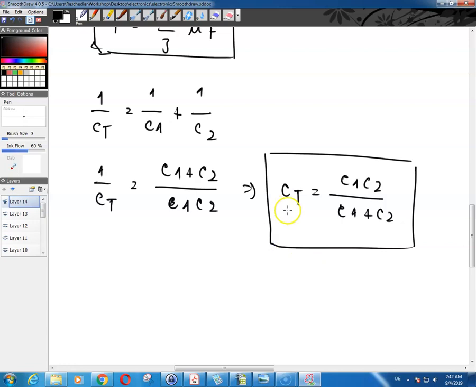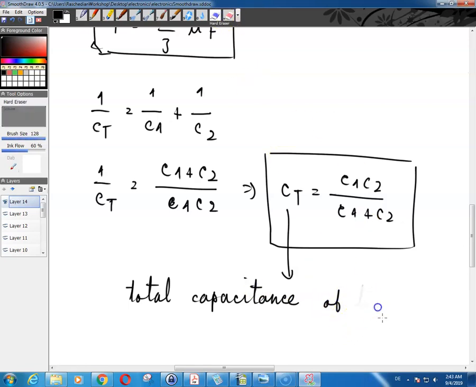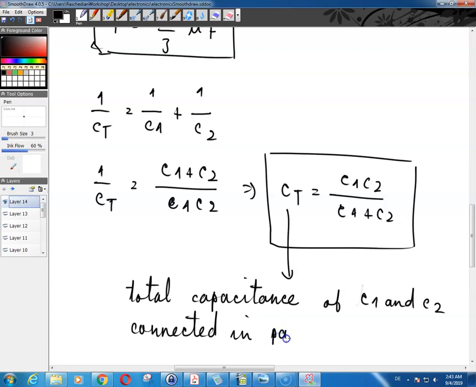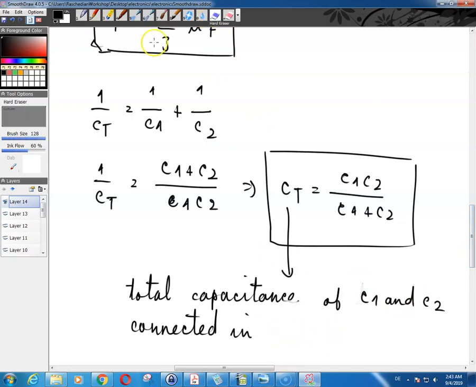This value is the total capacitance of C1 and C2 connected in series.